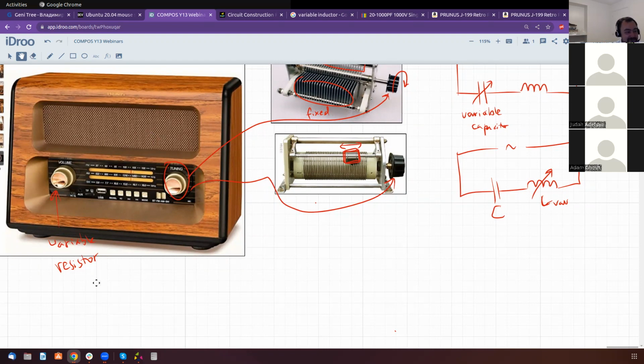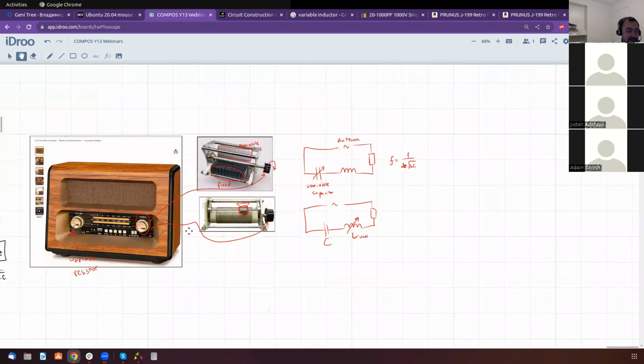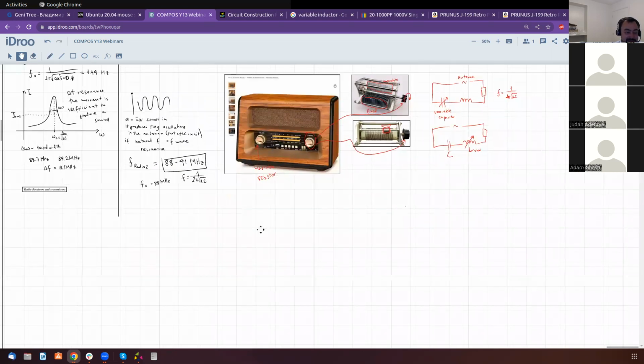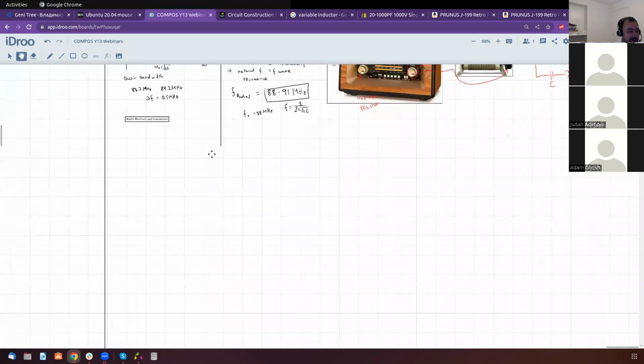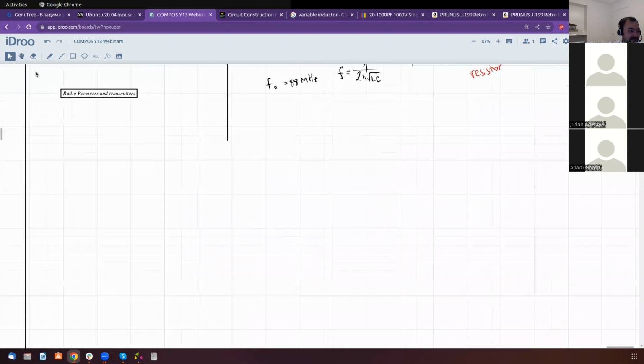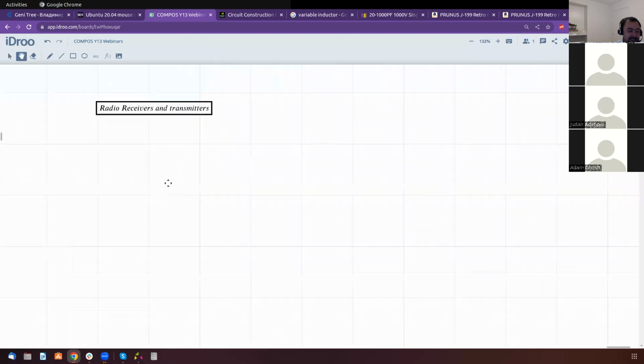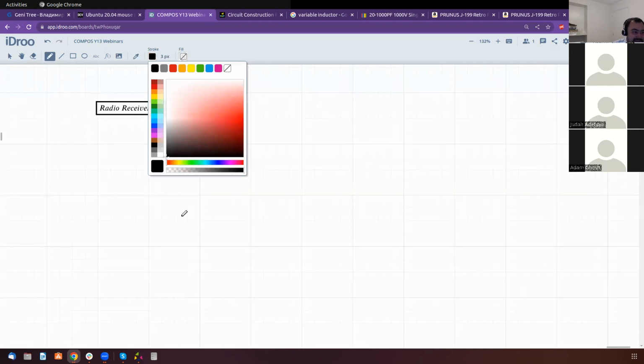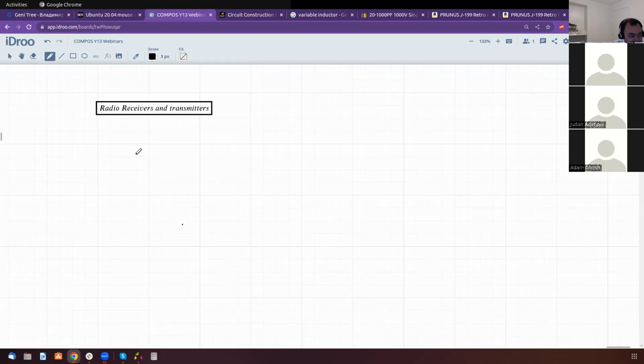And now I'll show you something that actually blew my mind when I was in school. Now, imagine you have an LC circuit. Consider an LC circuit.